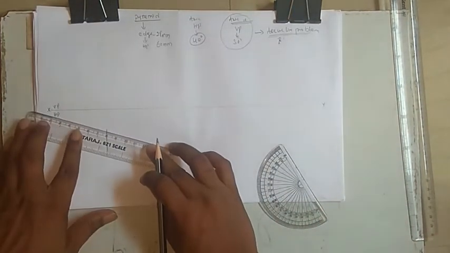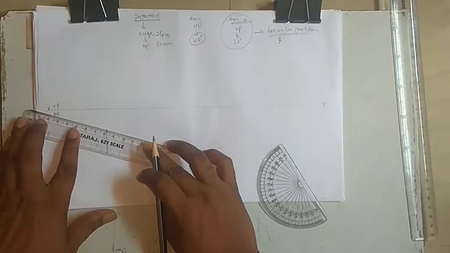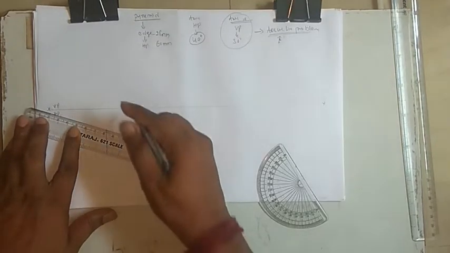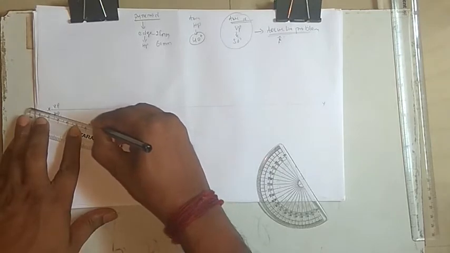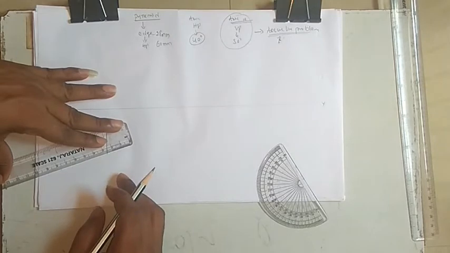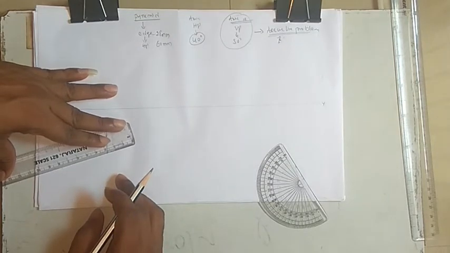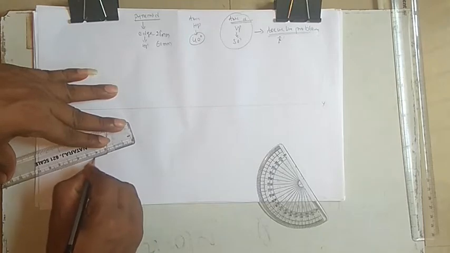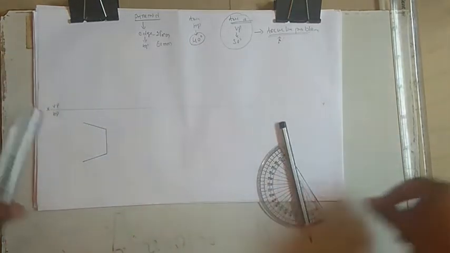You can take 25 directly, or else you can drop a line and then cut an arc. Whichever you feel easy, just follow that one, so it saves time.